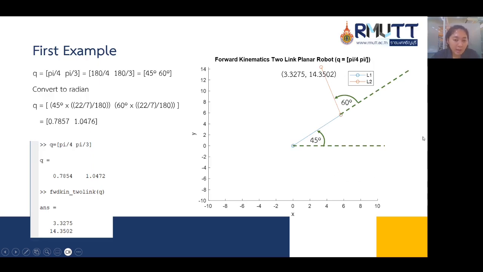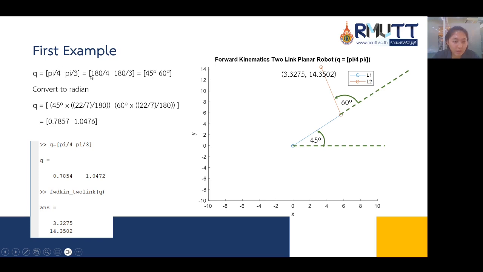This is an example of calculating forward kinematics for a two-link planar robot. The first example uses the joint angles for variable q, with the first element pi divided by 4 and the second element pi divided by 3. This is a row matrix.